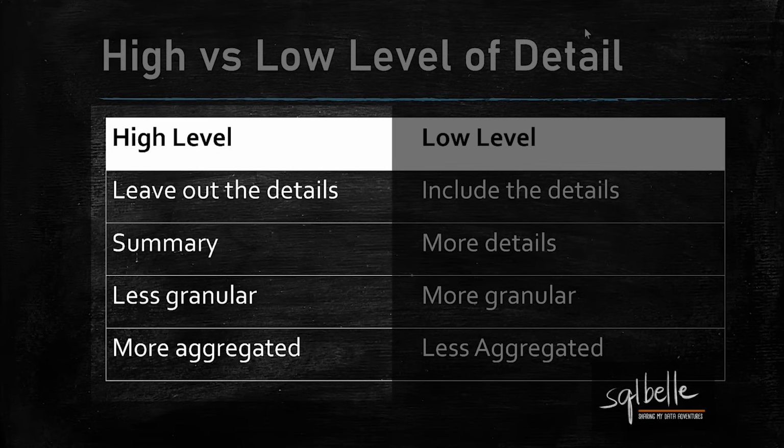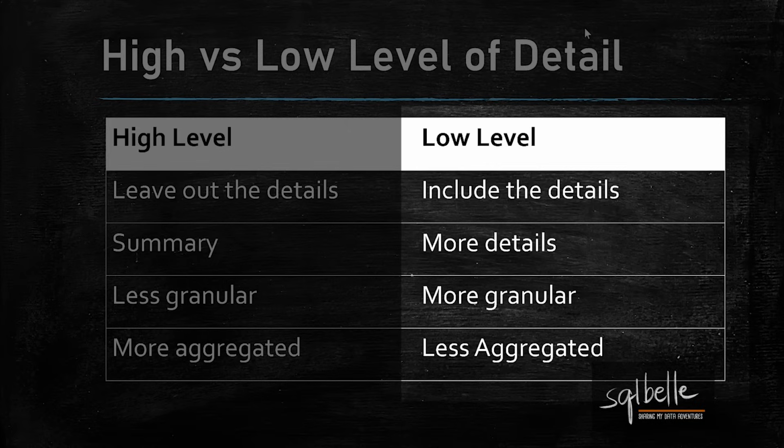So when we talk about high-level, we're really talking about summary. We want to leave out any additional details, which means it's less granular or it's more aggregated. When we talk about low level, we mean include all the details. We want more details. It's more granular, therefore less aggregated.